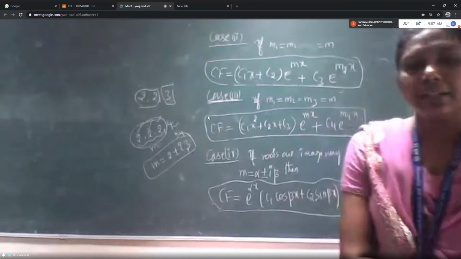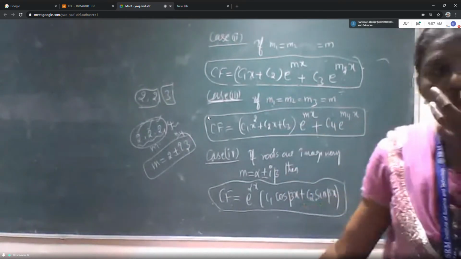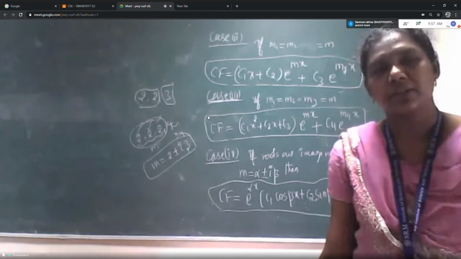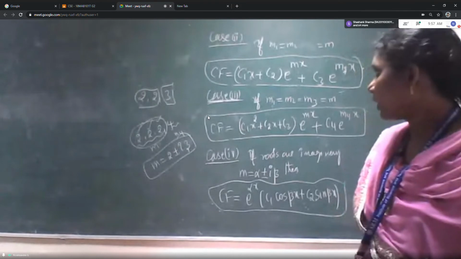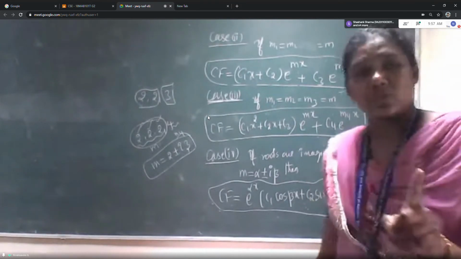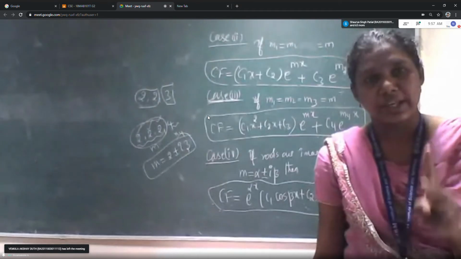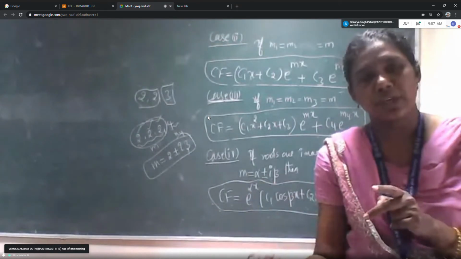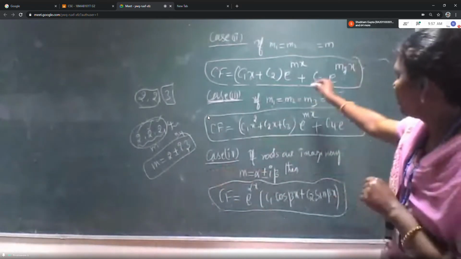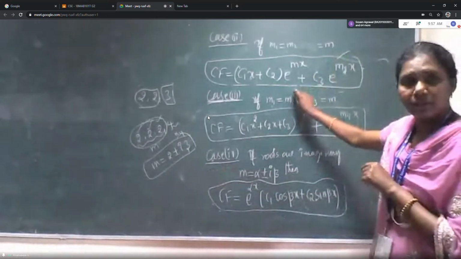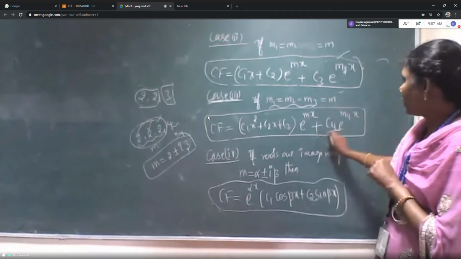Guys, if you have any doubt in finding the complementary function, you ask me. Overall, four cases. First, case 1, for unequal roots. Case 2, two roots are equal, the third root only different. Case 3, three roots are equal, one root only different.